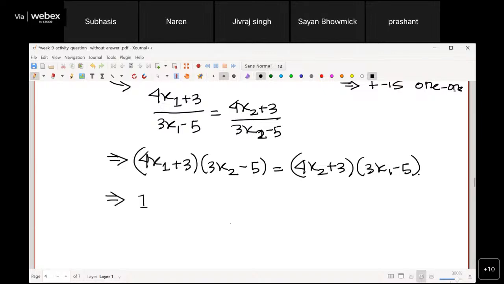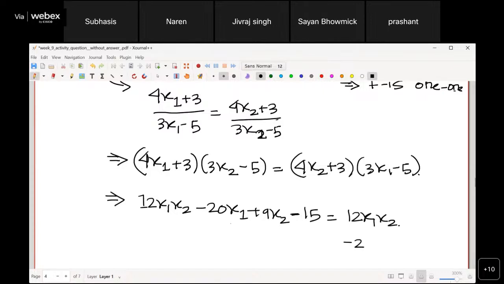This is 12 x1 x2 plus 9x2, minus 20 x1, minus 15, equal to 12 x1 x2, minus 20 x2, plus 9 x1, minus 15.